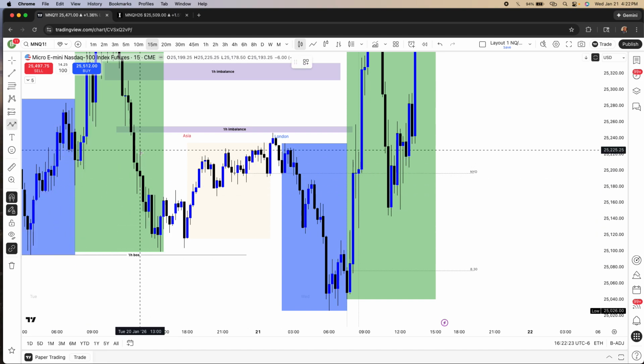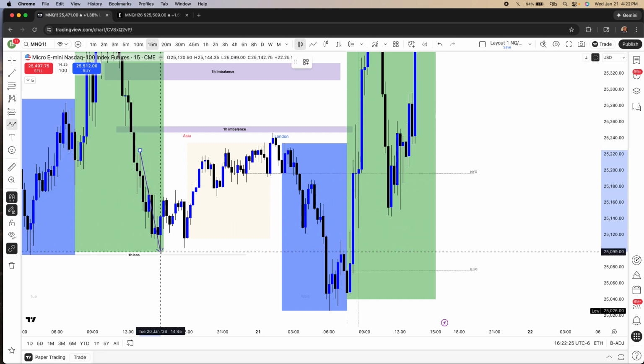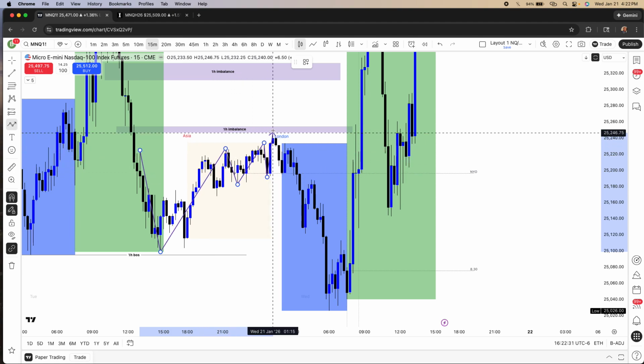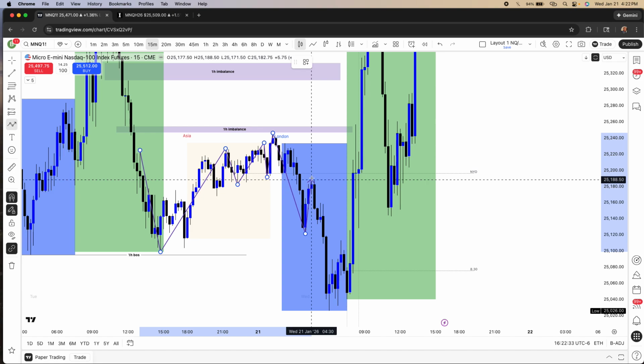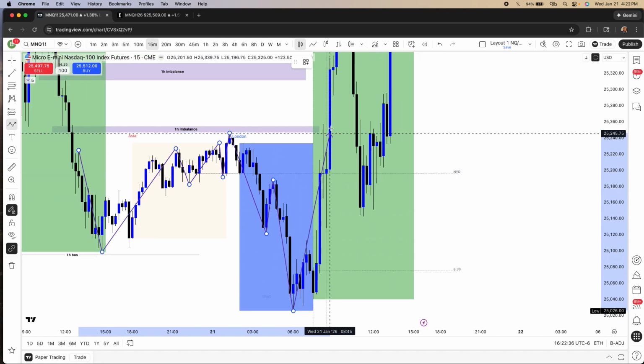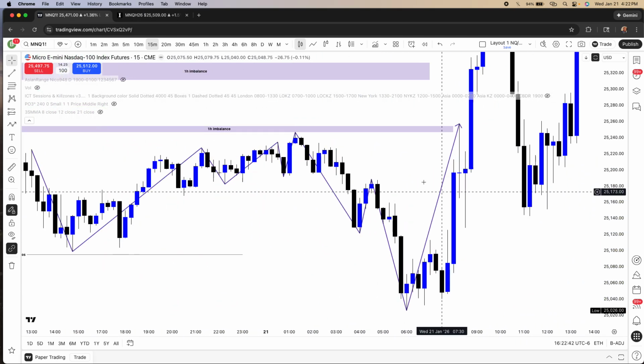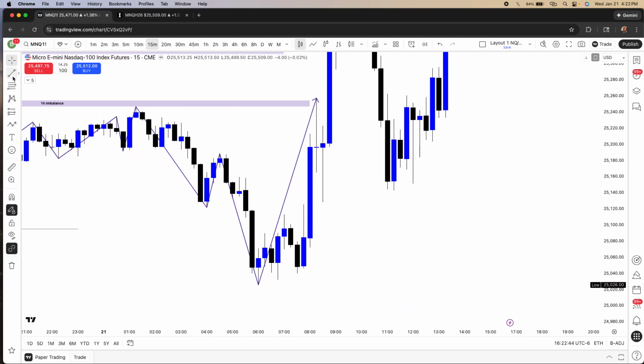We have our 15-minute high, 15-minute low, and then we start pushing back up on the 15-minute right here, creating new higher highs, higher lows. Right here, we create a lower high, lower low, lower high, and right here, we get a higher high. So once we broke past that higher high, I was bullish on the 15-minute time frame from here to here.